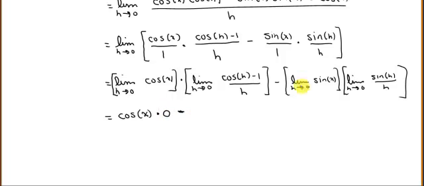And by the same token, the limit as h approaches 0 of sine of x is sine of x. And provided we are expressing our angles in radians, the limit as h approaches 0 of sine of h over h is equal to 1. So notice this becomes 0 minus sine of x, or negative sine of x.